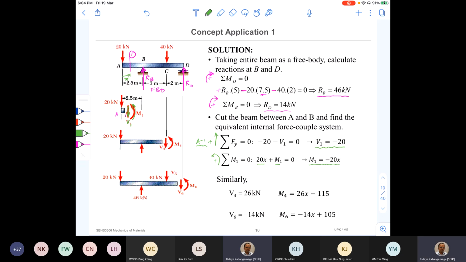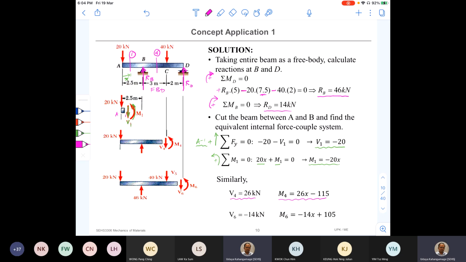Similarly, you can cut the beam from B to C here, and I have marked that point as 4. Then you write your equation of equilibrium from A to 4, and you can find V4 and M4. So I got these values for V4 and M4.